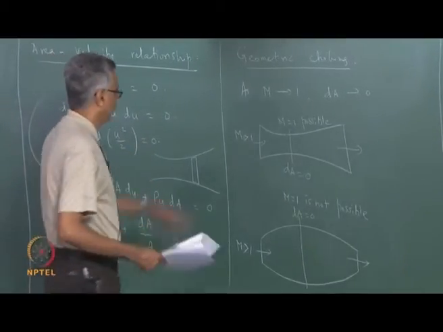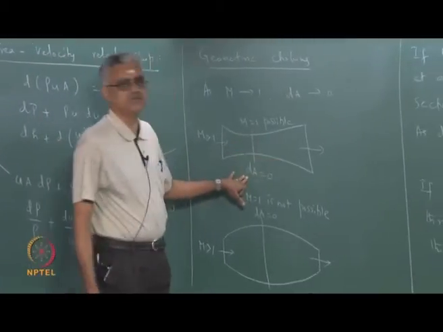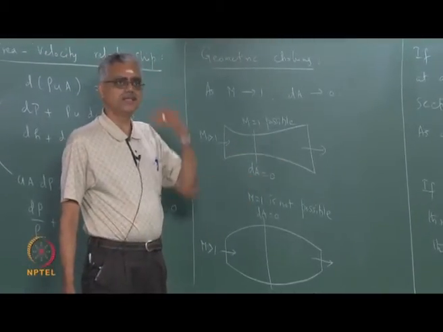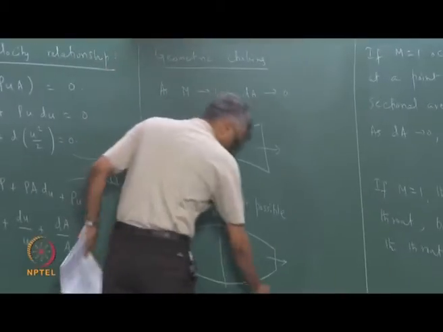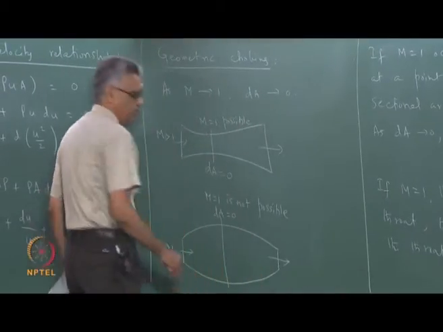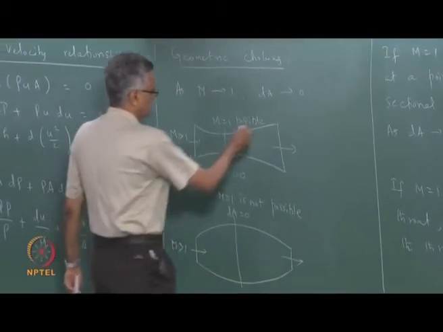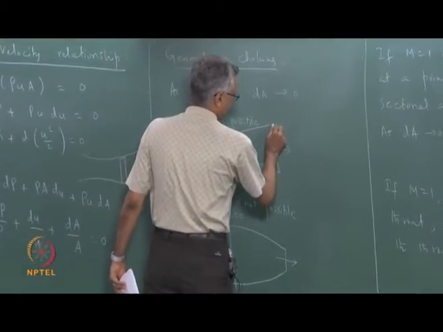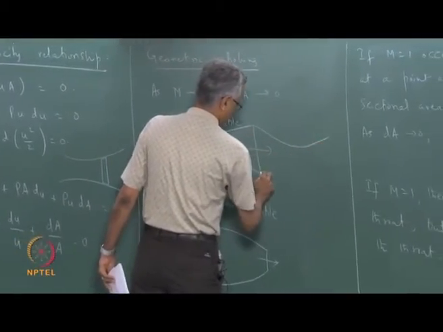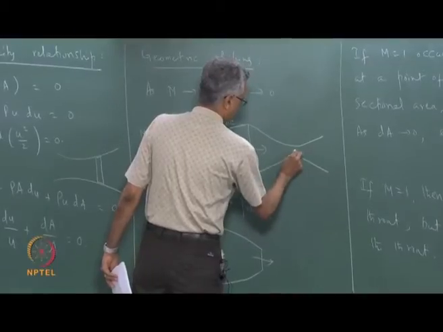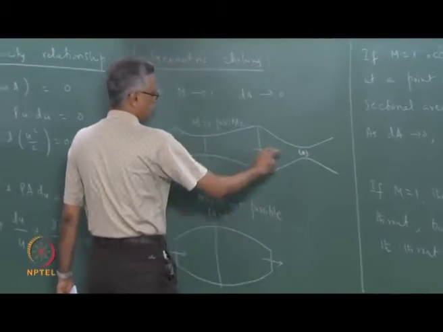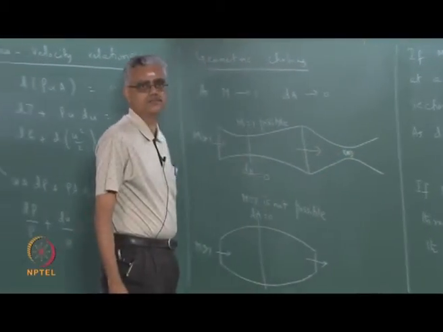Okay. If for example, in this flow situation m does not become equal to 1 here, then I can conceive a flow situation just like what I did for Rayleigh flow and Fano flow. I can extend this and for example, do something like this, where I ensure that for the conditions the sonic state is reached here.